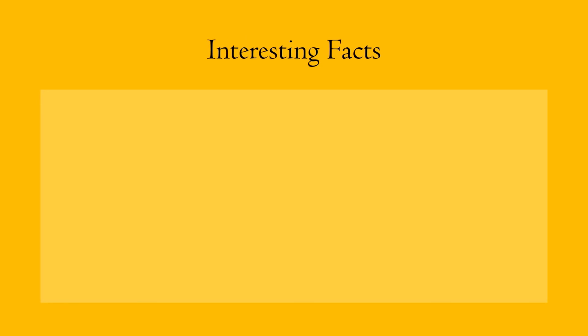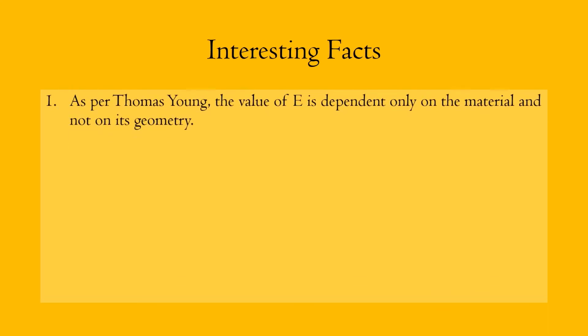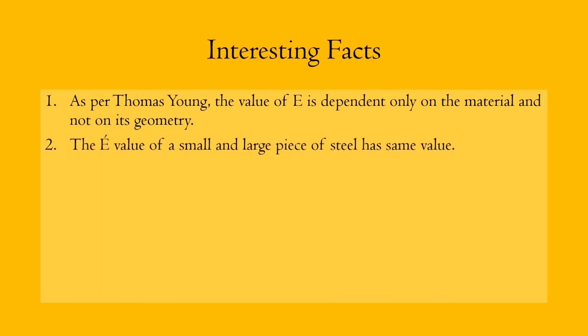Let us move into the interesting facts about what modulus of elasticity is and what exactly it means. As per Thomas Young, the value of E of any material is dependent only on the material and not on its geometry. That means the E value of a small and a large piece of steel is the same.